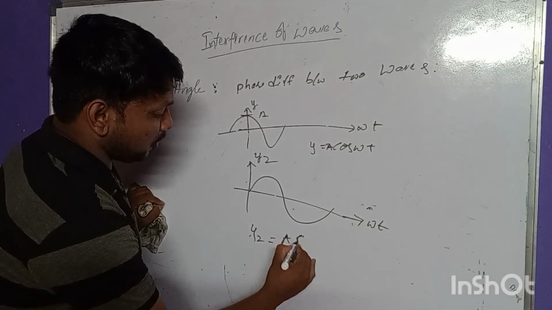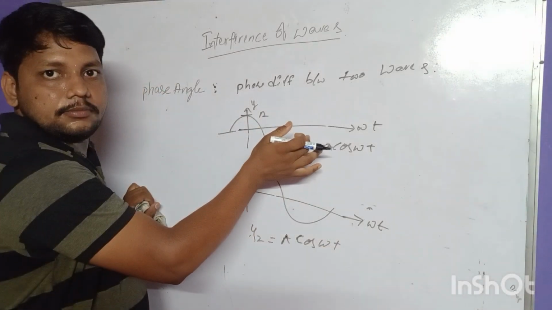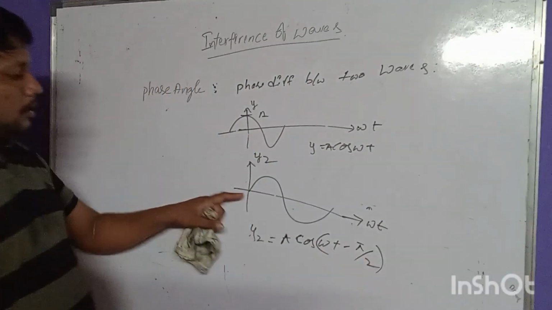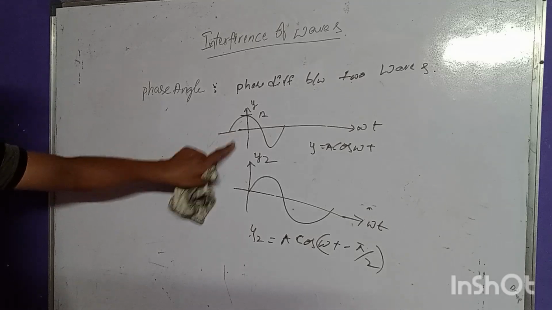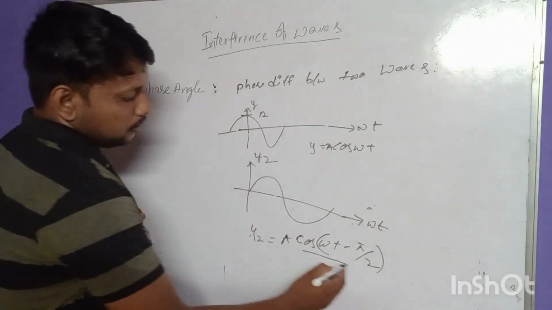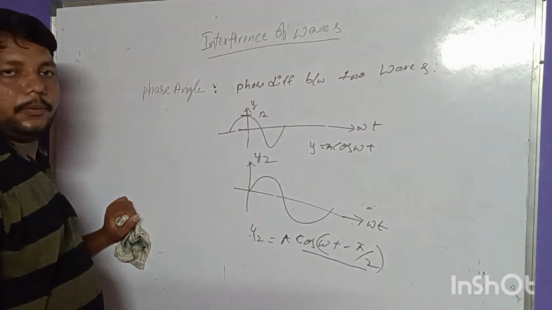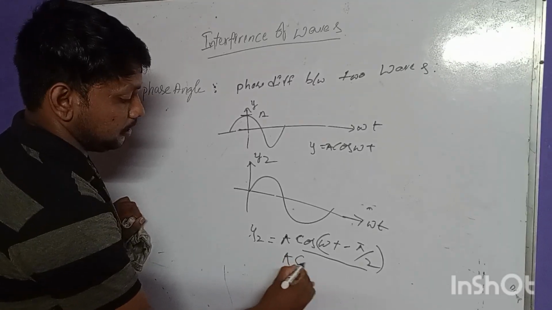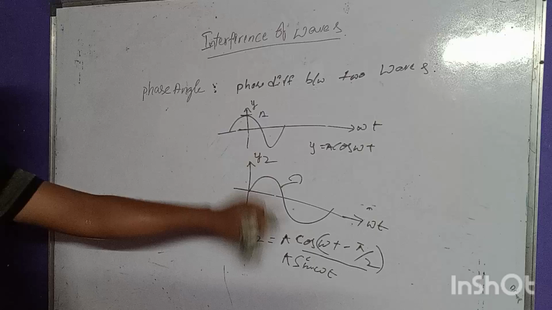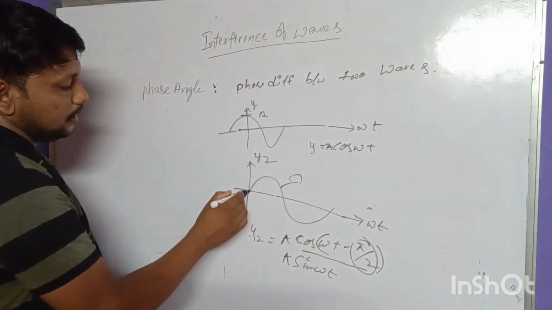Positive direction means negative π/2 radians. I am getting this waveform from this waveform, right? So we can write a cos(omega t minus π/2) is equal to a sin omega t. This is sin omega t. Shifting of angle.